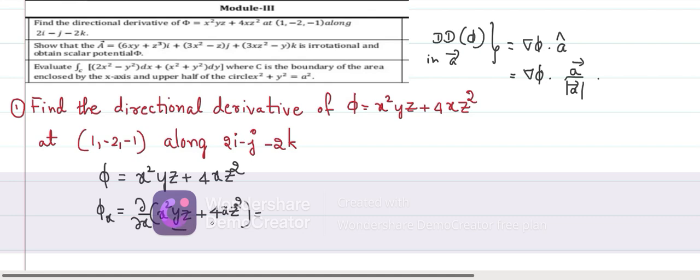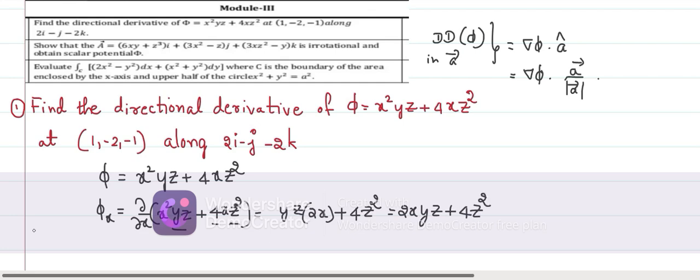So let us write the constant term first and differentiate x square, that is 2x, plus the constant term 4z square, and the differentiation of x with respect to x is 1. So finally it is 2xyz plus 4z square.